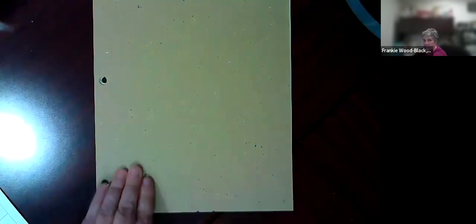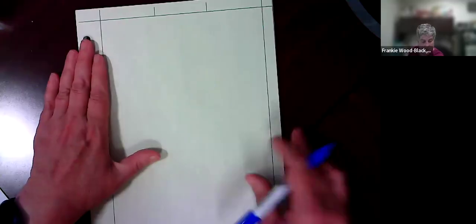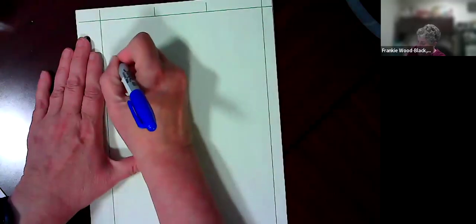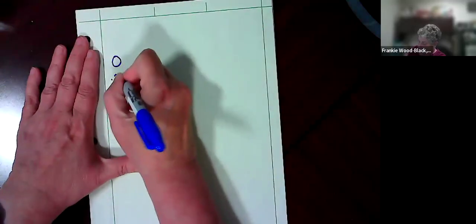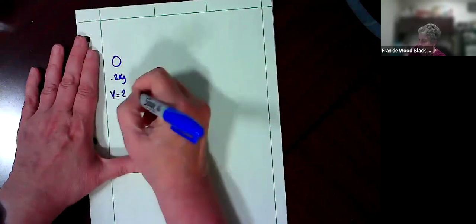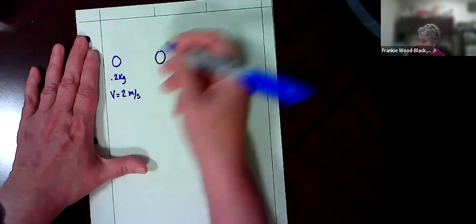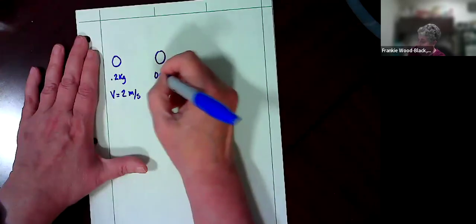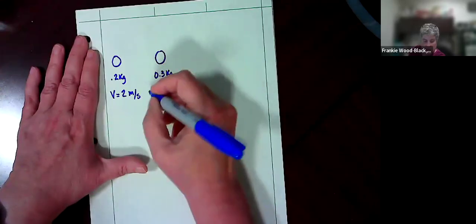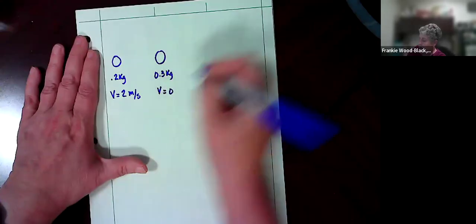We're going to do a glancing collision. So I'm going to take a ball that is 0.2 kilograms. It has a velocity of 2 meters per second. It's going to hit another ball, which is 0.3 kilograms, and it has a velocity initial of 0.